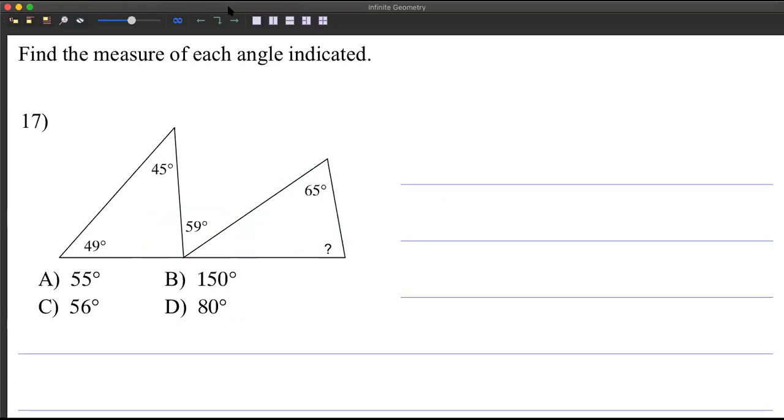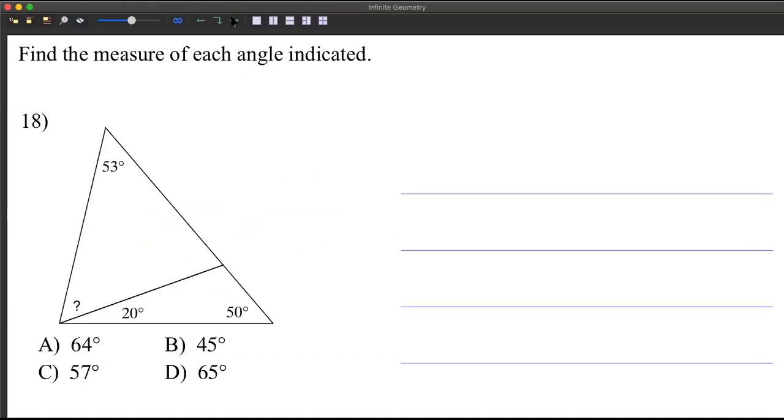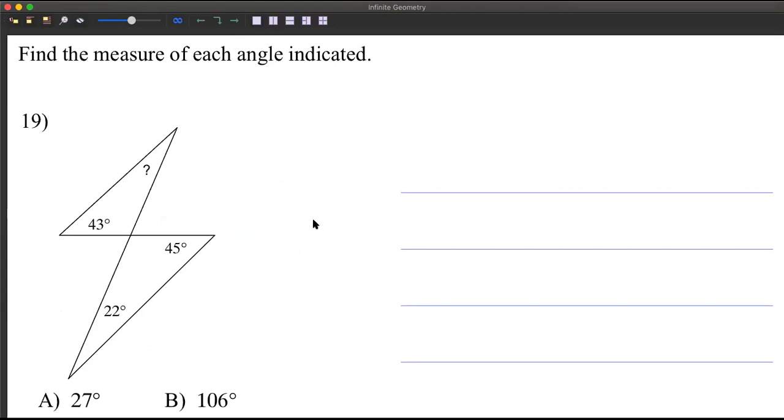Okay, let's do a different style one. Look at what's going on here. I can't find this missing angle yet because I don't know this one. But check this out. Aren't these two angles vertical angles? And won't vertical angles always be equal? They will.